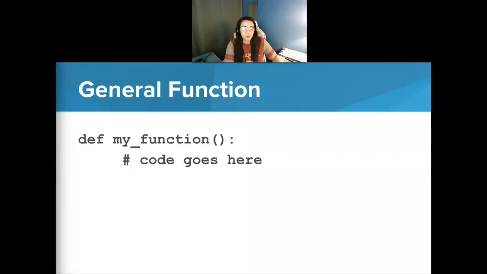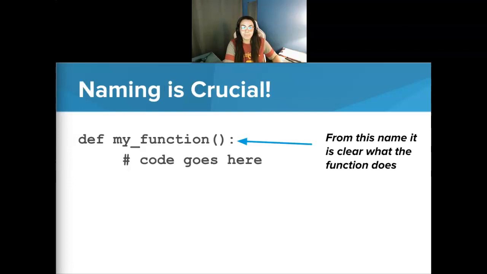This is the general format for a function in Python. Remember, we start all of our functions with def, short for define, and then the code that we want our function to run goes indented below. When we give a function a name, it is crucial that we name our function something that tells us what the function does.